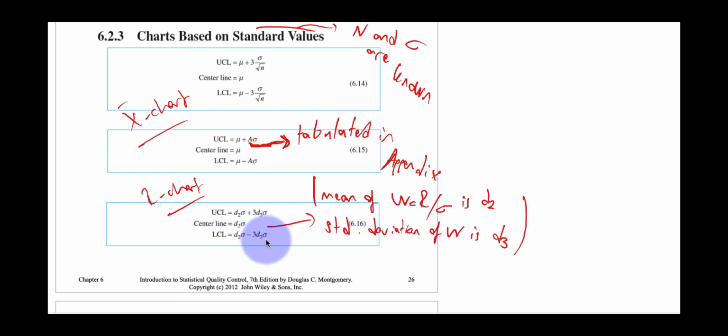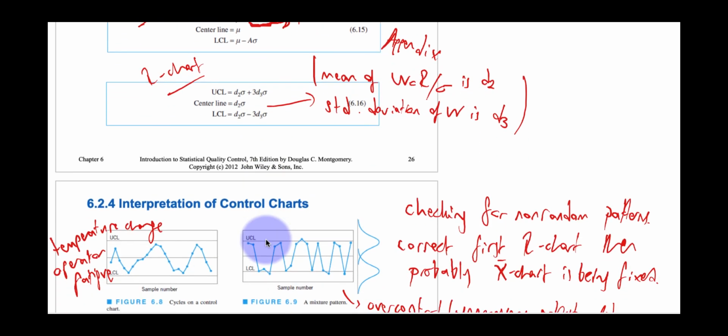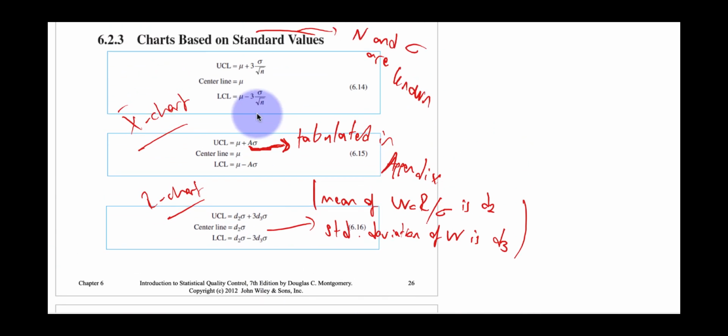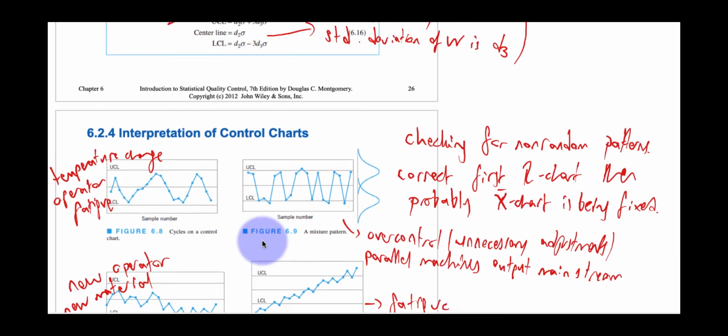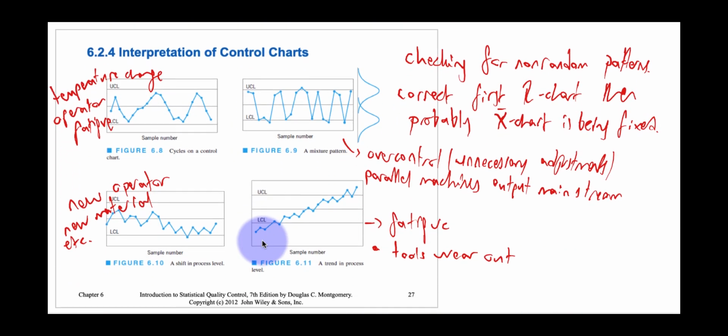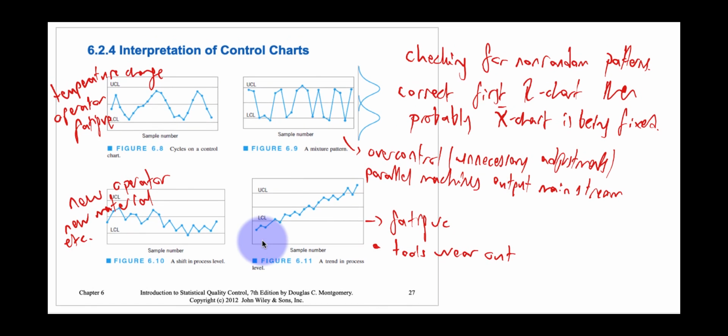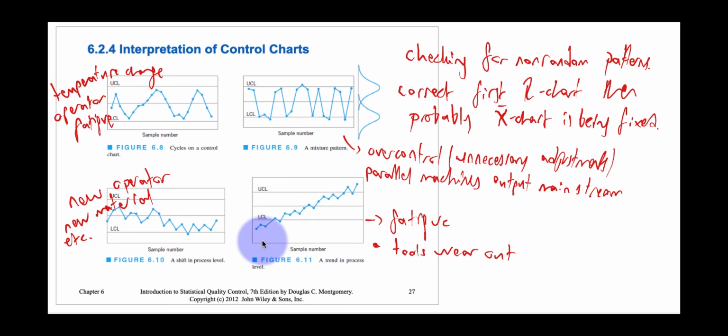Okay. All right, let's continue. In this case, we use 3, but it is not set in stone. You can use different sigma levels. It's up to you. But in the industry, the common practice is to use three.